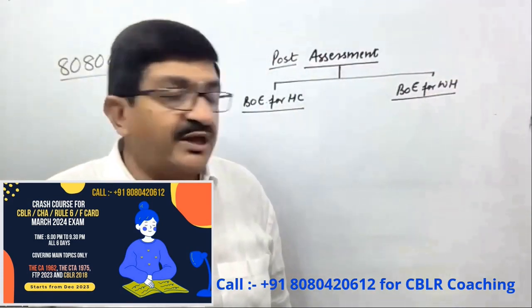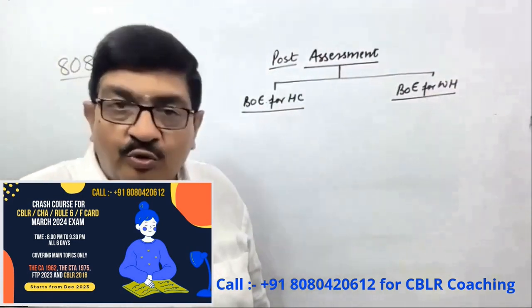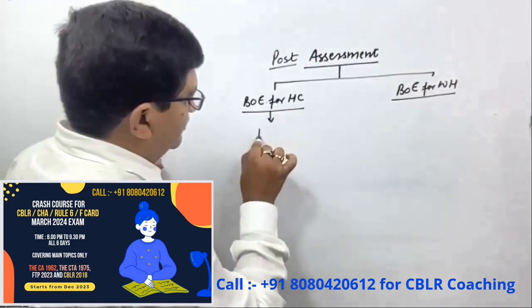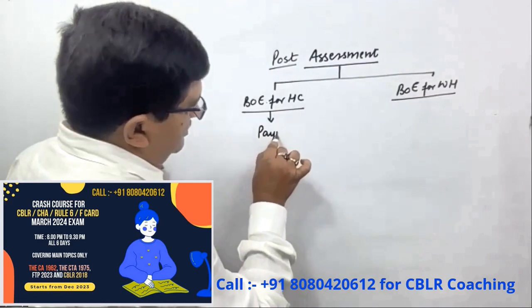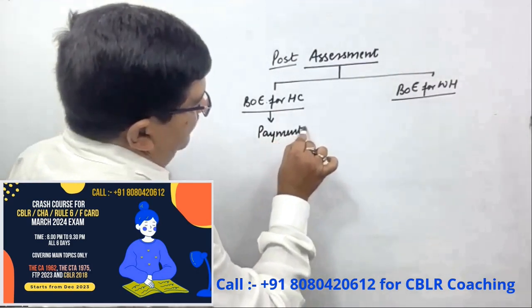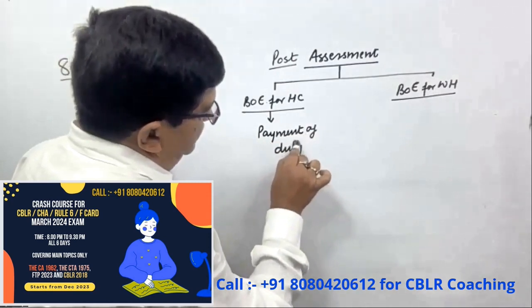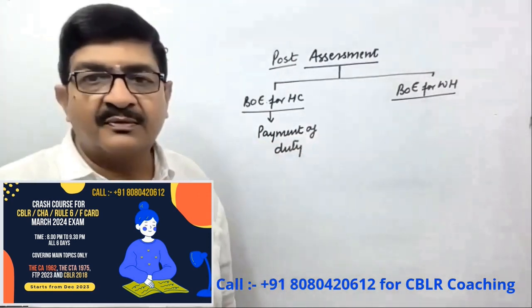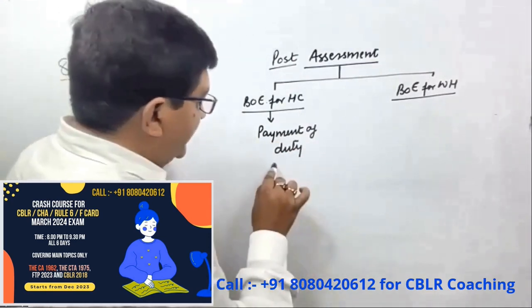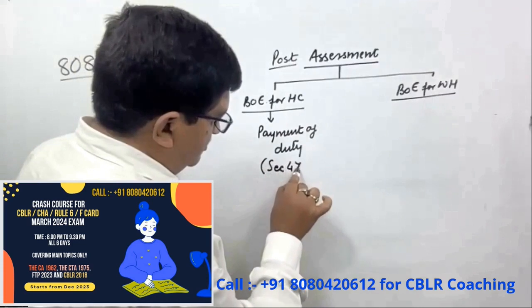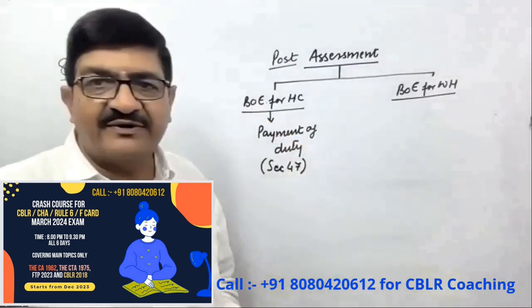If the bill of entry is for home consumption, then the next step comes: payment of duty. And this is under section 47.